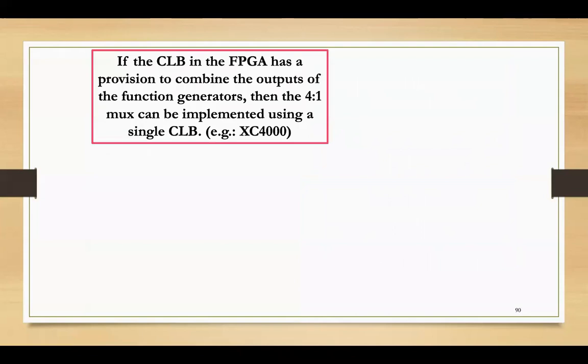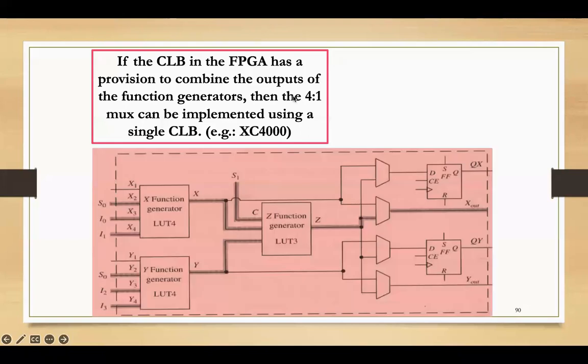process. If the CLB in the FPGA has provision to combine, we are coming out with some kind of alternative design, where instead we will use mux for this. So mux is used, and then through mux we route it off. FPGA has a provision to combine the outputs of function generators.